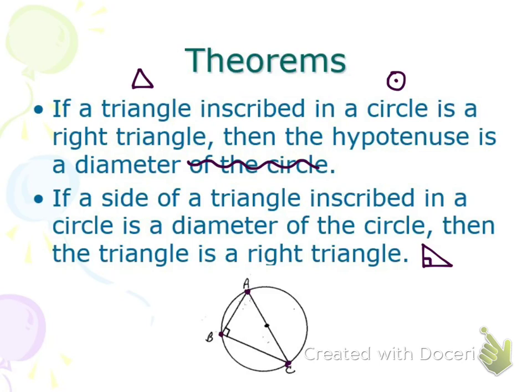So these theorems are basically reverse of each other. If you know that it's a right triangle, the hypotenuse is a diameter. If a side of an inscribed triangle is the diameter, then you know it's a right triangle. Works both ways, just like yesterday's theorems.